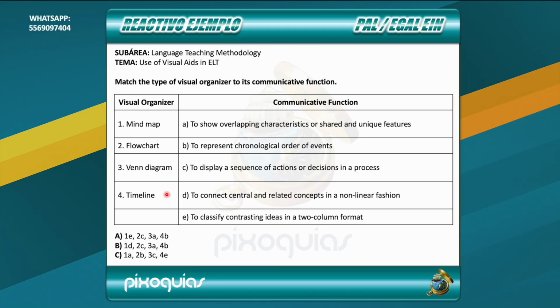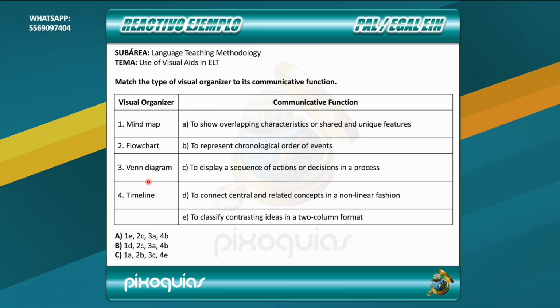Let's check it out. First, we have in the visual organizer 1, mind map, that matches with D, that is, to connect central and related concepts in a non-linear fashion. 2, flowchart with C, to display a sequence of actions or decisions in a process. 3, Venn diagram with A, to show overlapping characteristics or shared and unique features.